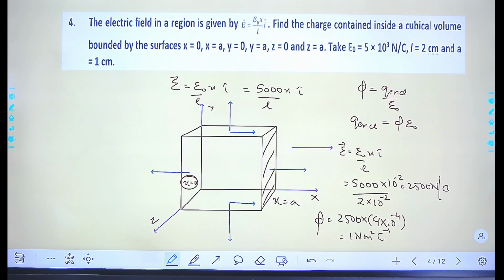Because x is equal to a, y is equal to a, and x is equal to 0. Area vector A is 1. So area is 1, area is not 2. So here I made a mistake.